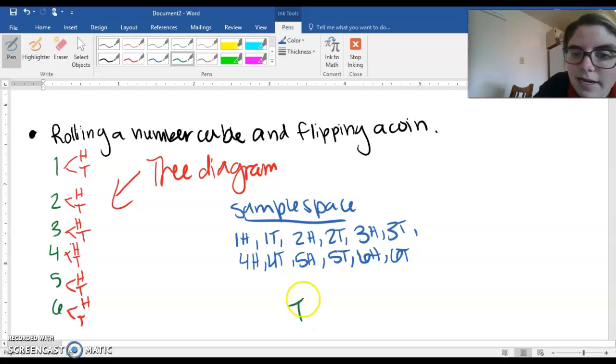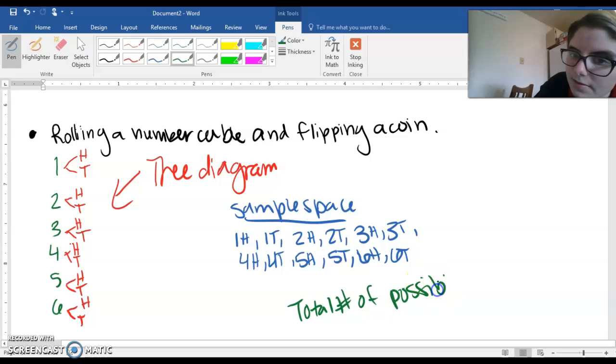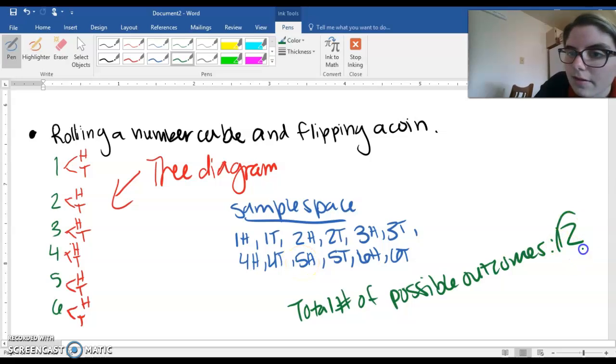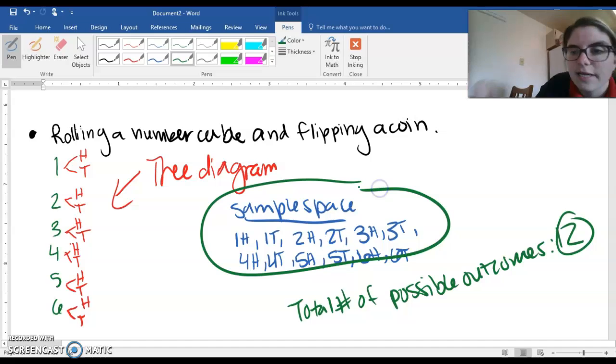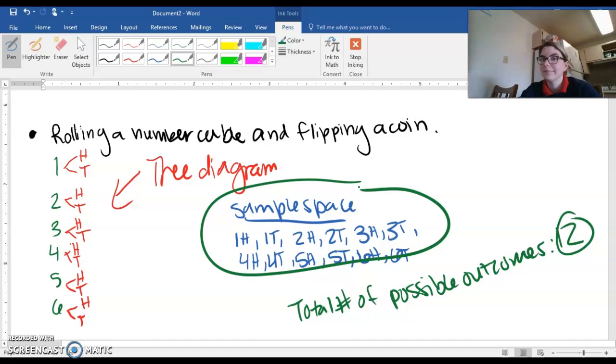And then my total number of possible outcomes would be 1, 2, 3, 4, 5, 6, 7, 8, 9, 10, 11, 12. So I have my sample space and I have my total number of possible outcomes. That is all.